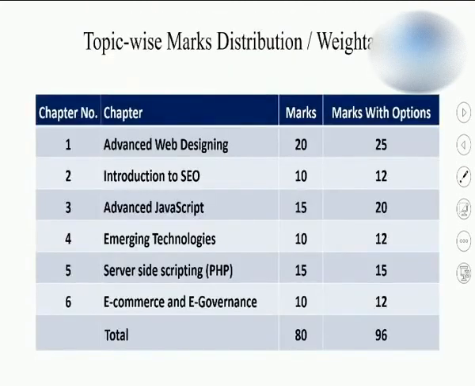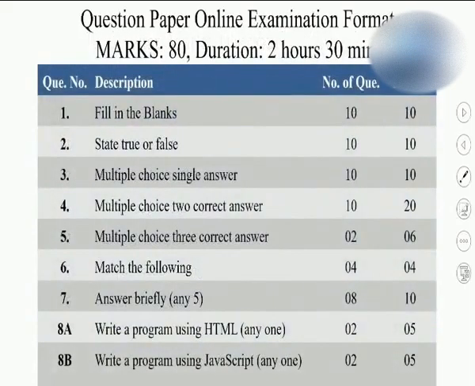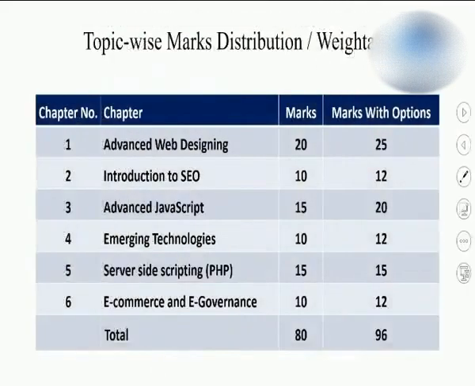This is the topic-wise marks distribution, or topic-wise weightage, for each chapter. The first chapter will have 20 marks weightage. Marks with option are 25. Why? Just now we have seen we have the 5 marks option in question number 8A for this first chapter. From SEO, you will have 10 marks weightage and a 2 marks option.